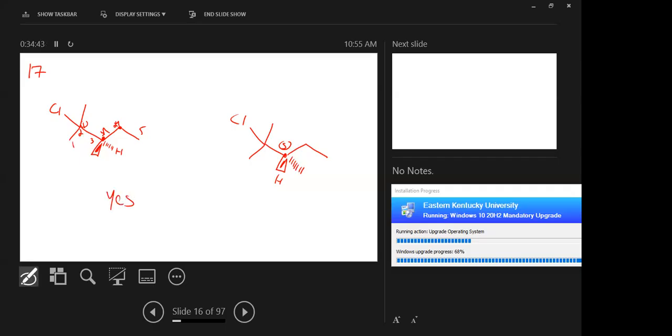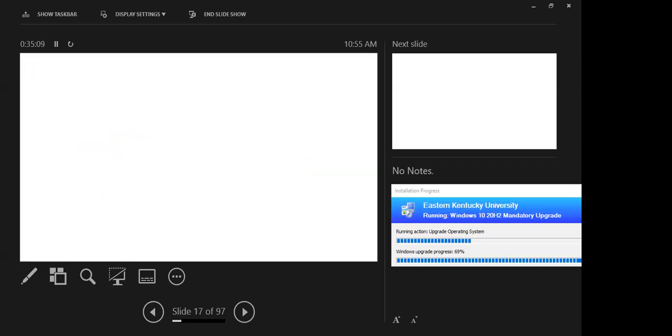You can see we have an R and we have an S, so it can be optically active. And we'll do question 18, and then we're going to take a break. We'll take our break after 18.